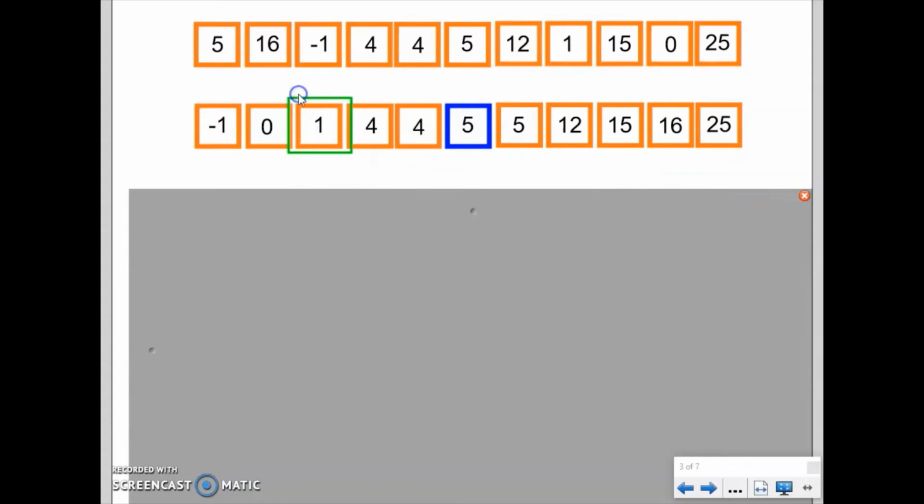So this would be my lower quartile. And again, you can see why, because there's 2 data points in front of the lower quartile and 2 data points after the lower quartile. So Q1, the lower quartile, is 1. Now I'm going to focus on these 5 data points.